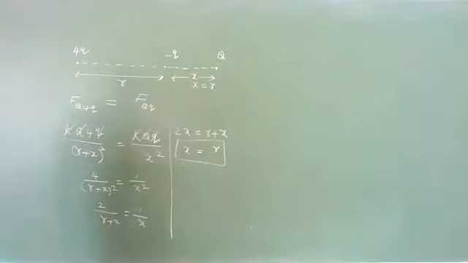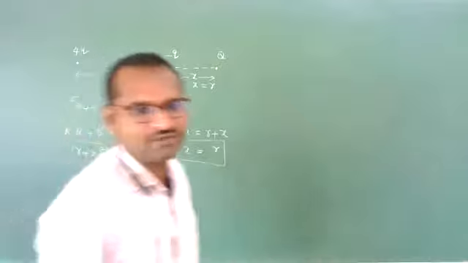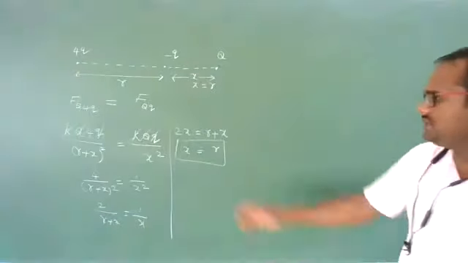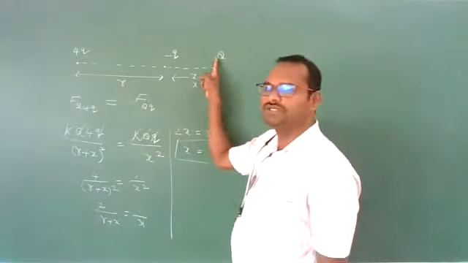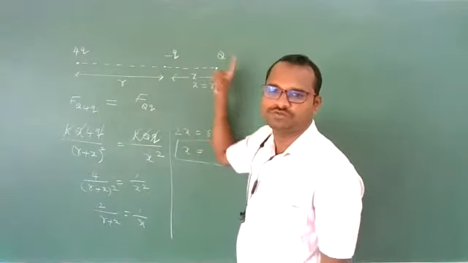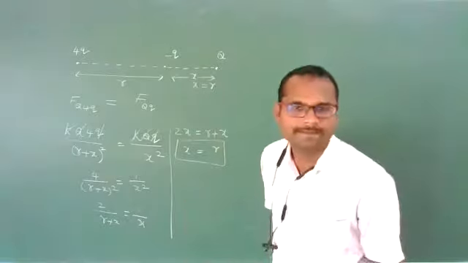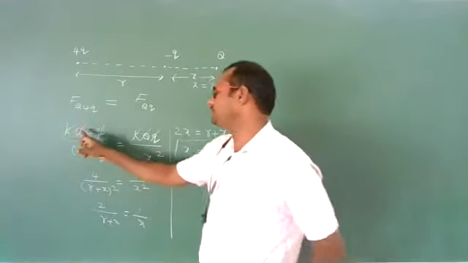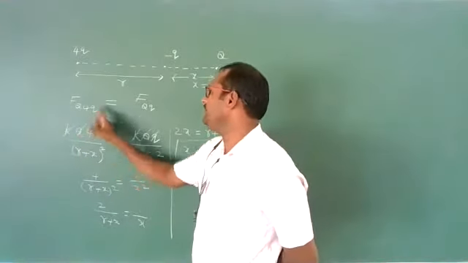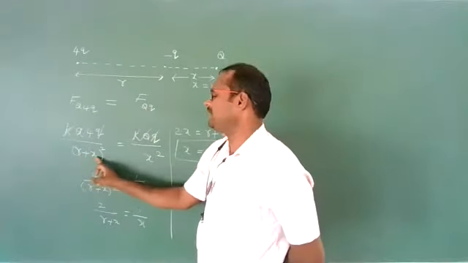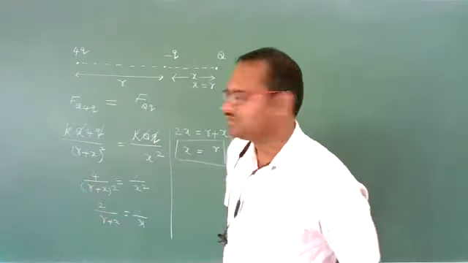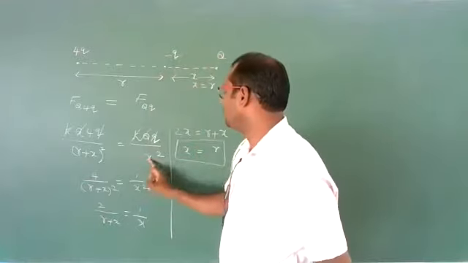Is it correct what I am doing? Calculations perfect, no? Students, the force on capital Q due to both charges should be equal: due to the negative charge on this side, due to the positive charge on that side. I wrote 4q capital Q divided by (R plus x) whole square, and small q capital Q divided by x square.